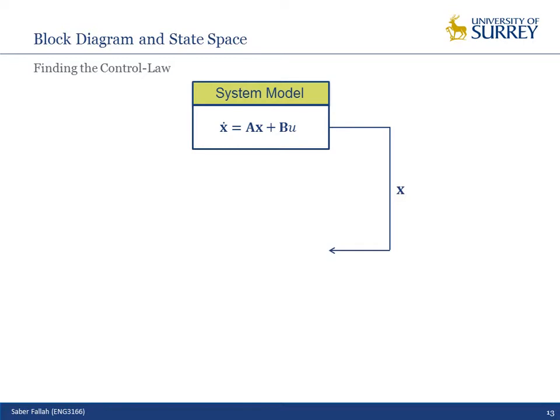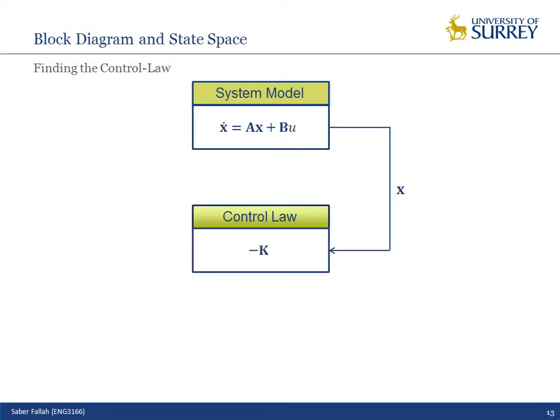The control law is minus k, the vector that I need to find. Minus k multiplied by x gives me the input u, or control action u.